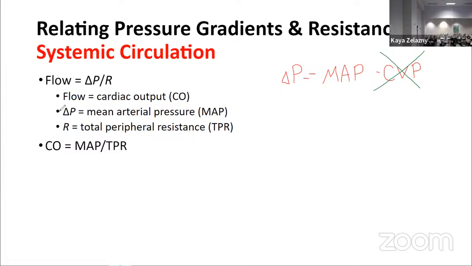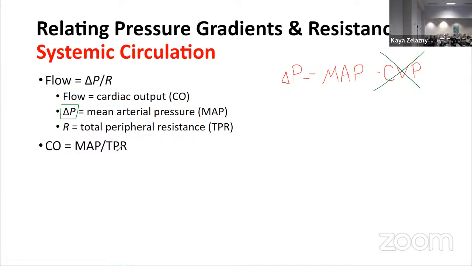So that's why over here, we see that our delta P, our difference in pressure, is just listed as our mean arterial pressure. Because it's mean arterial pressure minus, I think central venous pressure is about 2 millimeters of mercury. So essentially zero. So we got rid of it for our general purposes, since we're not really doing very specific math here. Okay.